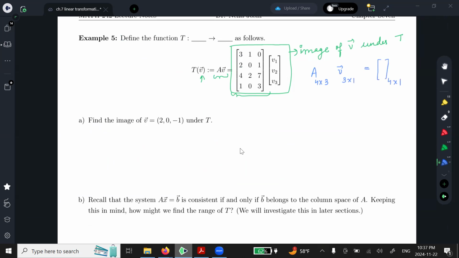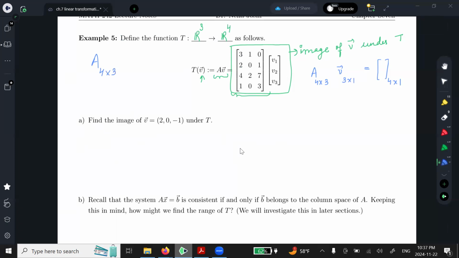And this tells me that my linear transformation is picking a vector of size 3 as input. So my domain is R cube and is giving me an output of size 4. Codomain is R4. And this makes sense because the size of the linear transformation matrix should be 4 by 3.